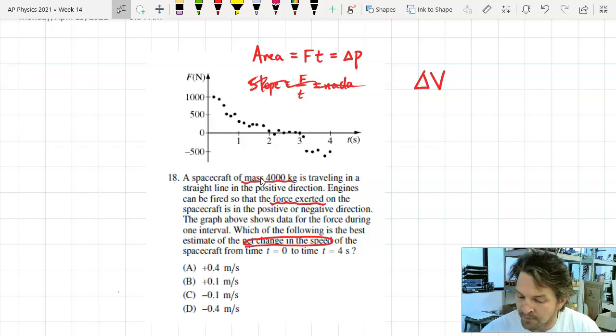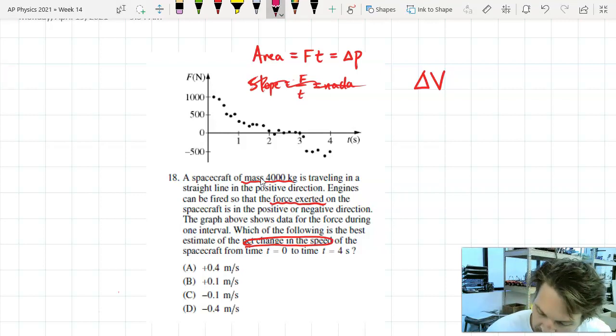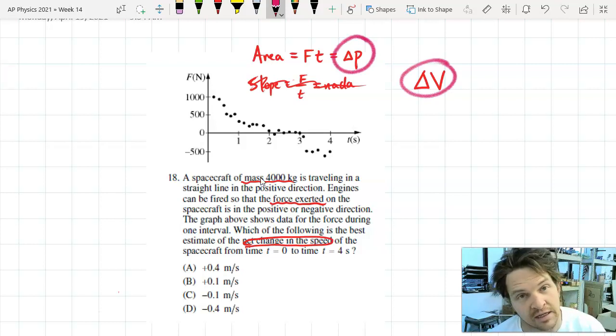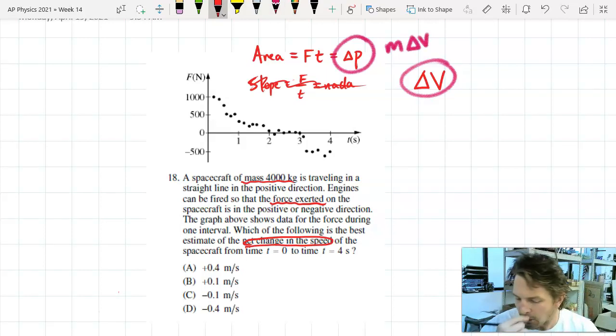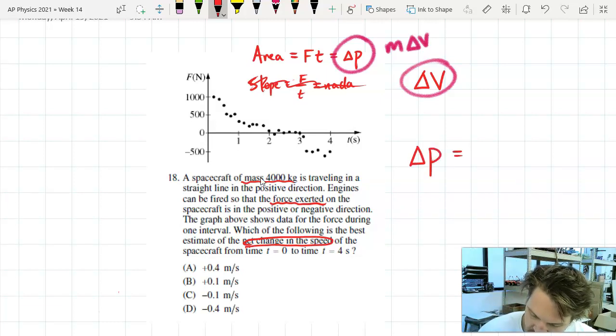Now I know change in momentum, right? Change in momentum has change in speed inside of it because change in momentum is the same thing as mass times change in speed. So what I can do here is I can set this up and say, all right, this impulse momentum theorem, that the change in momentum is equal to the force times change in time.